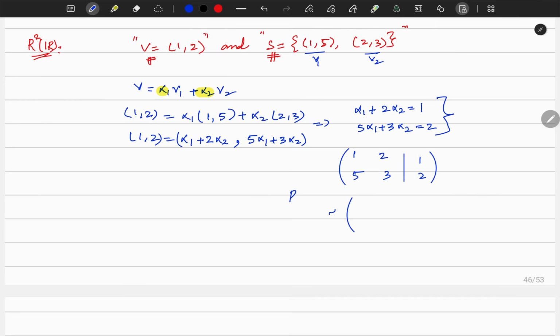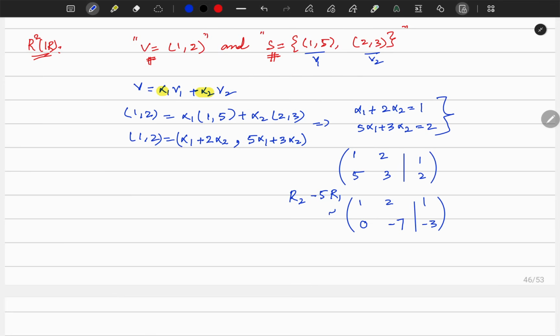So that is R2 minus 5 times R1. तो आप क्या कर सकते हो, इसको 1 2 1, 5 minus 5 that is 0, 5 2 are 10, 3 minus 10 that is minus 7, 2 minus 5 that is minus 3, isn't?